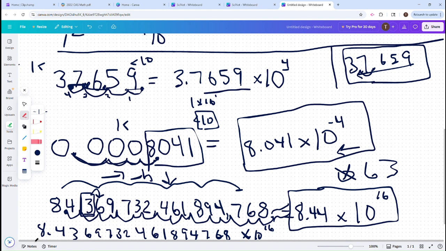Now, this number is bigger than 1 and smaller than 10. That number is bigger than 1, and that number is smaller than 10. But for decency's sake, let's just go 8.44 times 10 to the 16th.